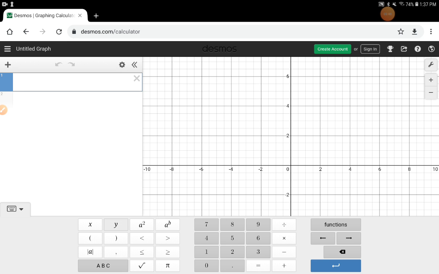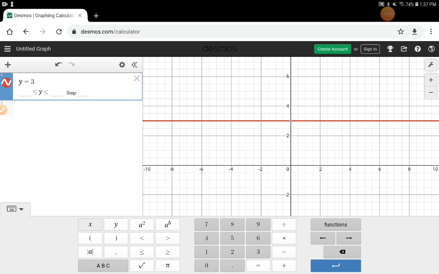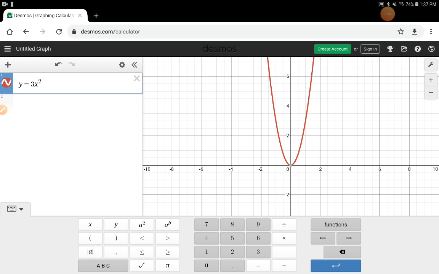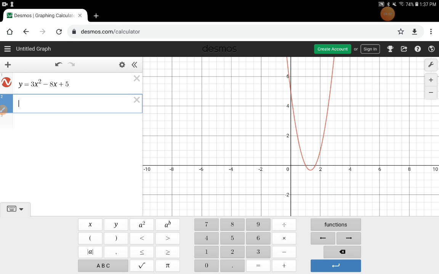In Desmos, y equals 3x squared minus 8x plus 5, and then we add a second one, and again, you don't have to solve. So x plus y equals 3.